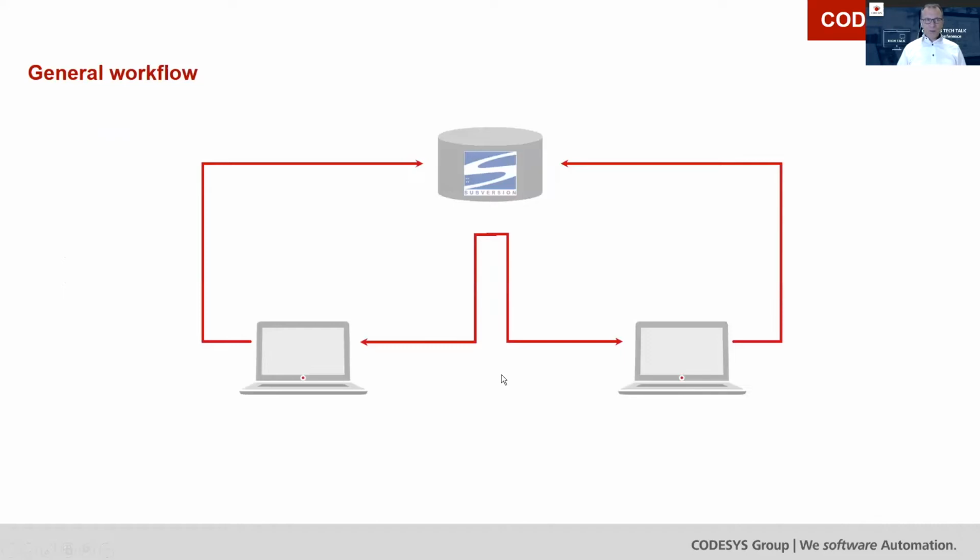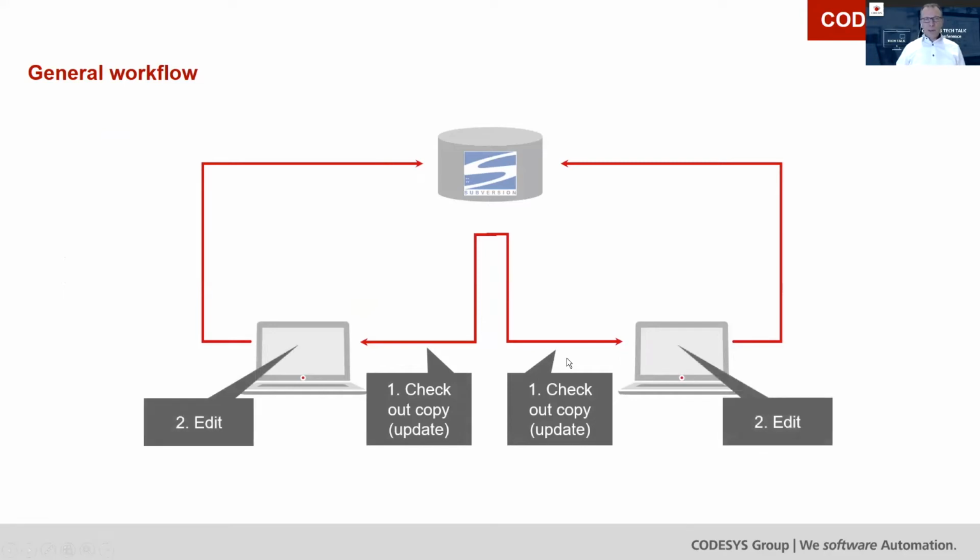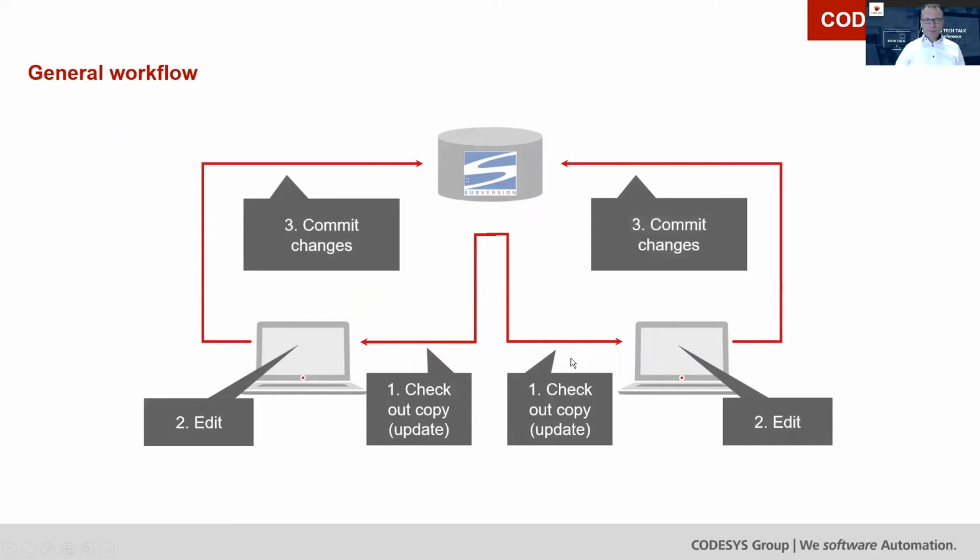How does the general workflow work with Subversion? We have here, for example, 2 workstations with users who have a Codesys project. They check out, update the project from the Subversion database. Then they can work on it, edit it, modify the application code, and then commit changes to this database.